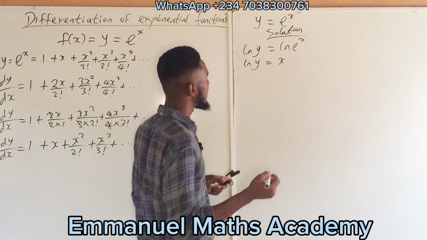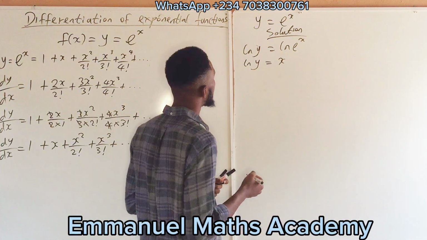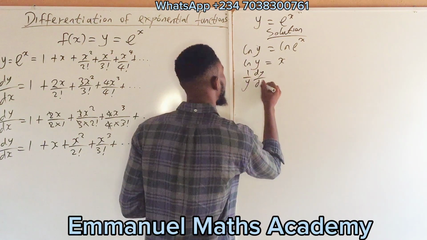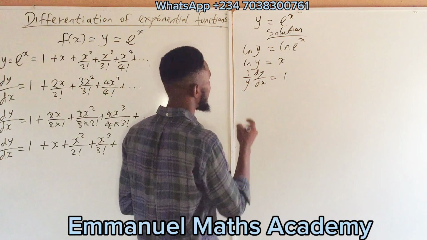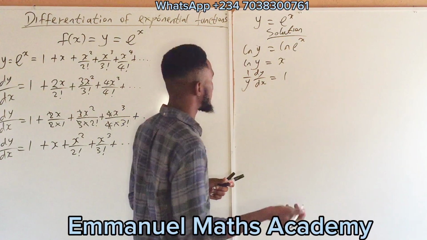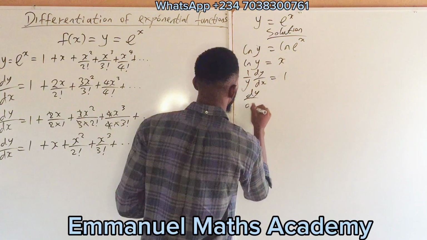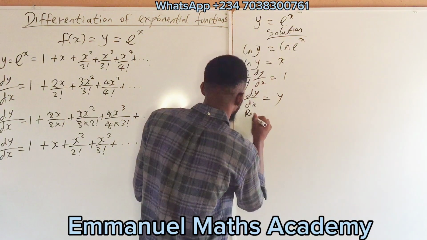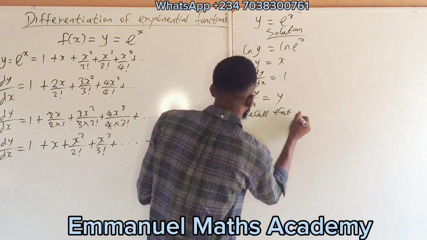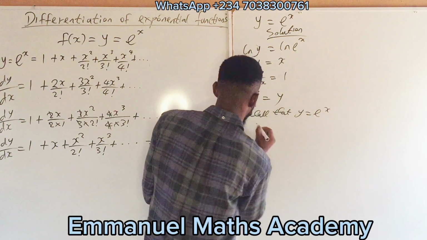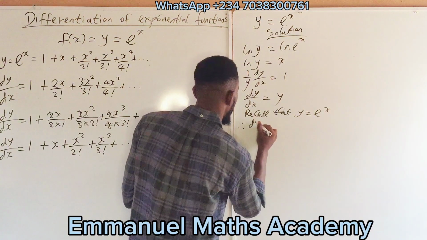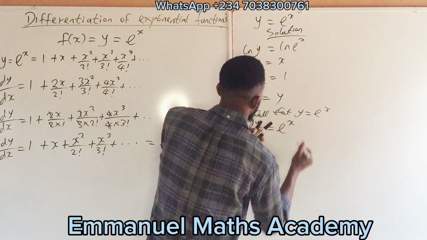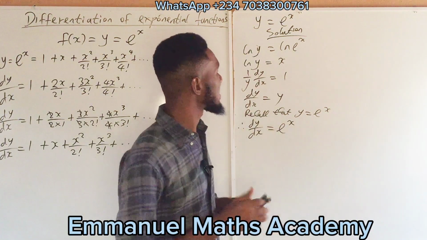If you differentiate this implicitly, you have 1 over y dy dx equal to 1. You now cross multiply, making dy dx the subject of the formula. You have dy dx equal to y. And what's our y? Recall that y is equal to exponential x. That means, hence, therefore, dy dx is equal to exponential x. Right? As simple as that.